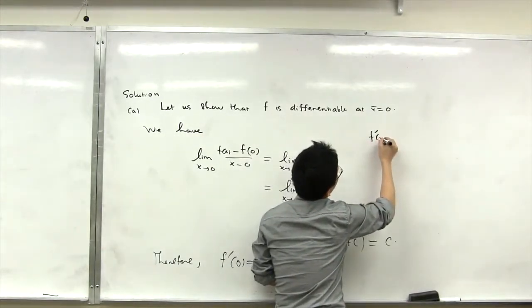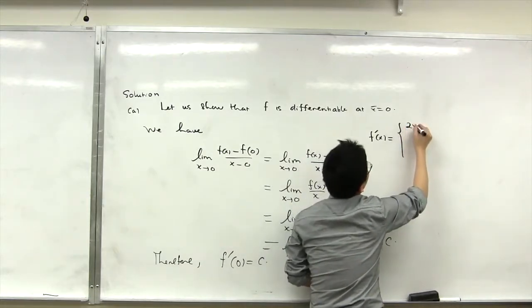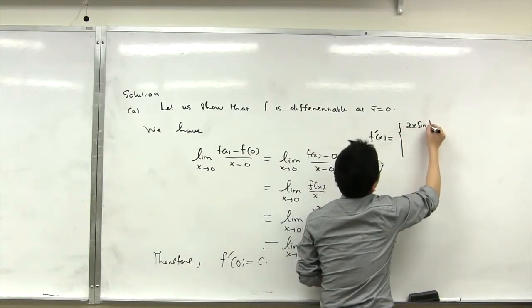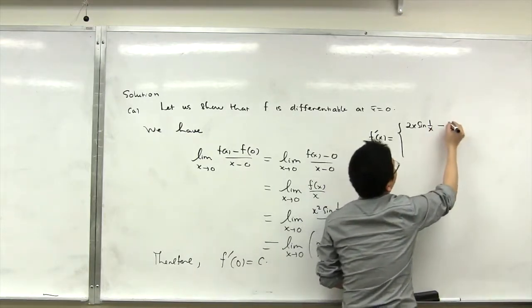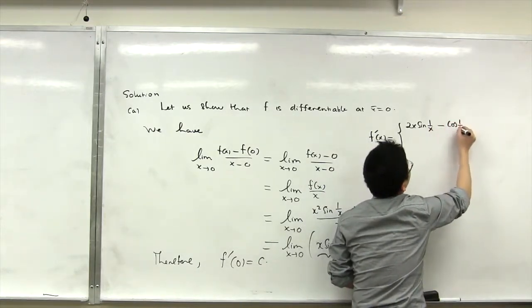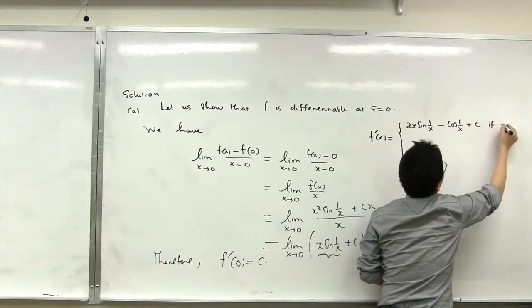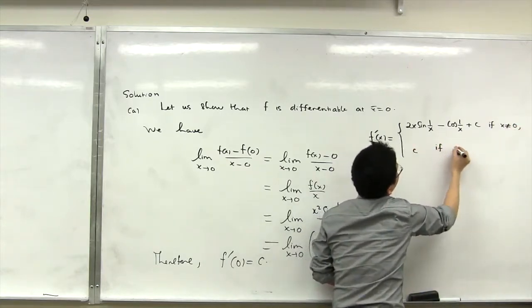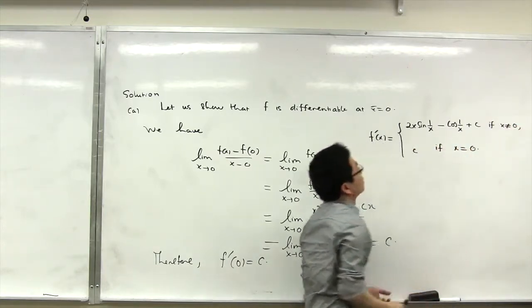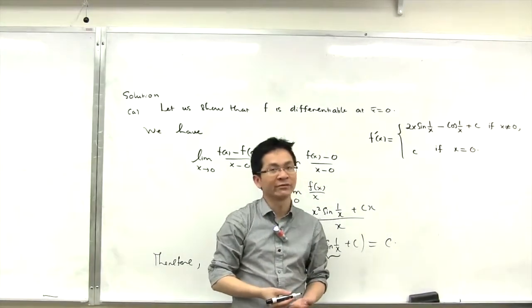F prime of x is equal to 2x times sine of 1 over x minus cosine 1 over x plus c if x is not 0, and is equal to c if x is equal to 0. Okay, so this is the formula for the derivative function.